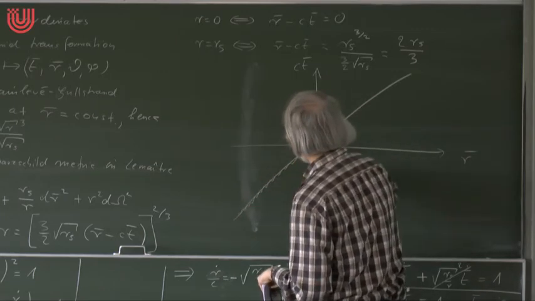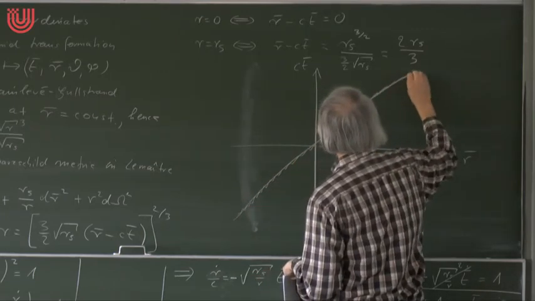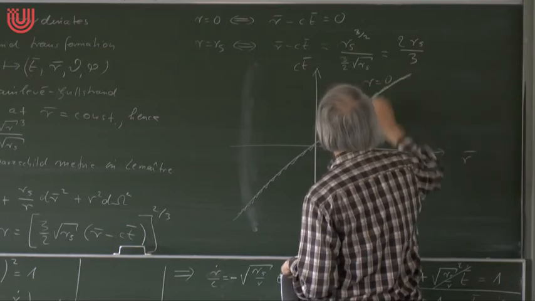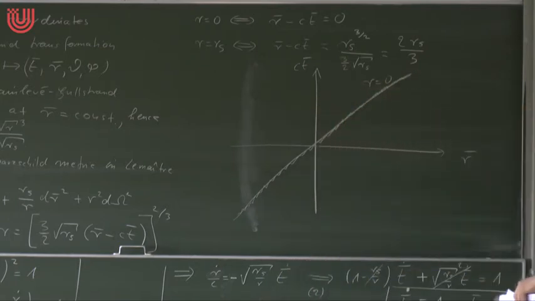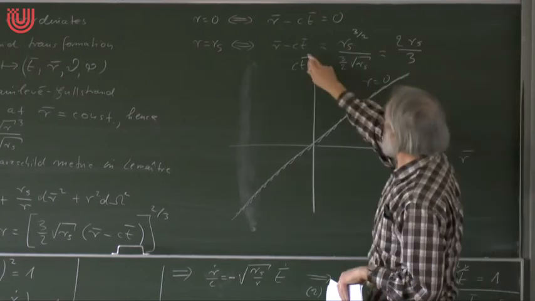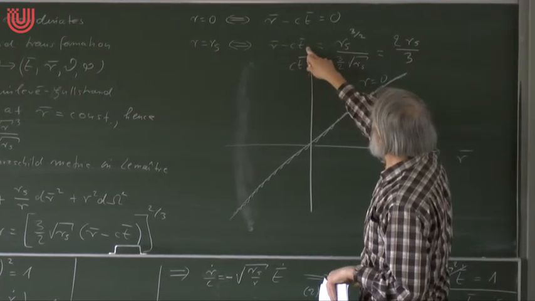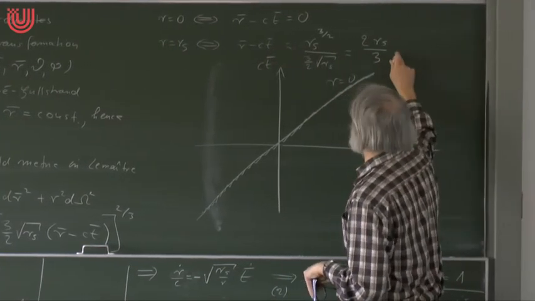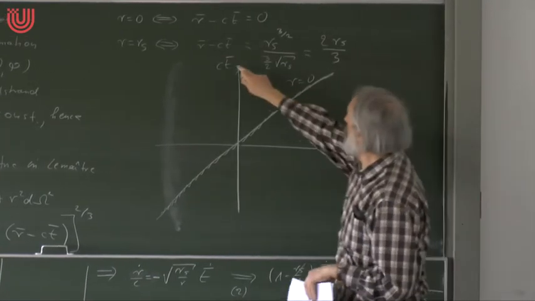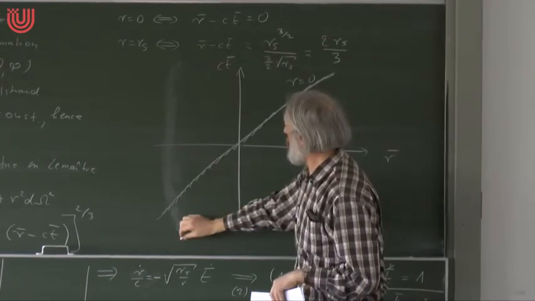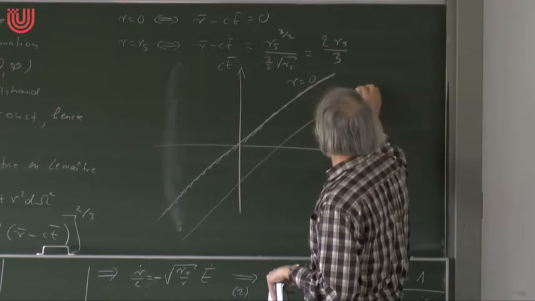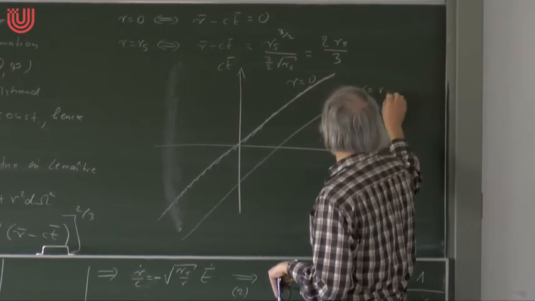So here's our singularity, this is r equals 0. And the horizon is also given by a line under 45 degrees, just shifted a little bit down because of the negative sign here. So the horizon is somewhere here. This is r equal rs.